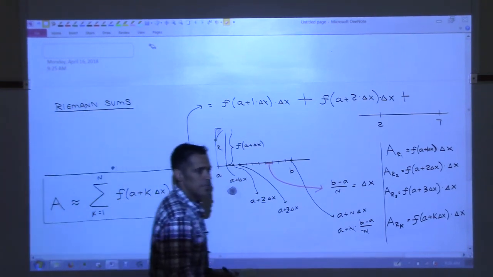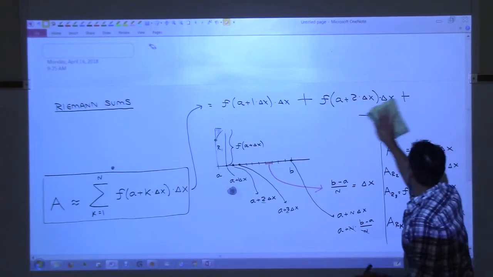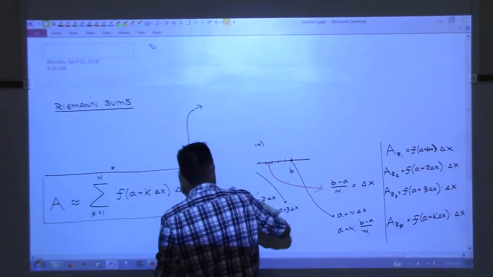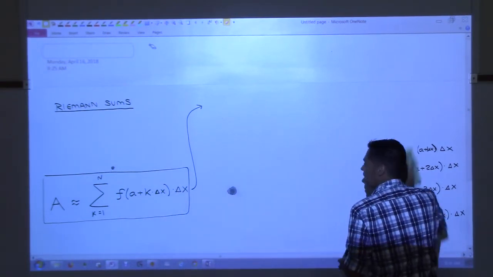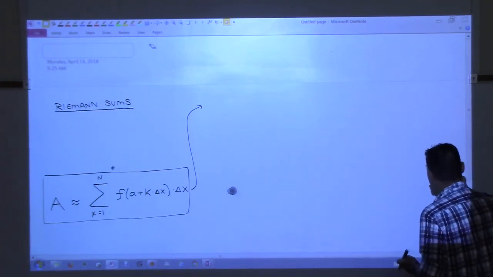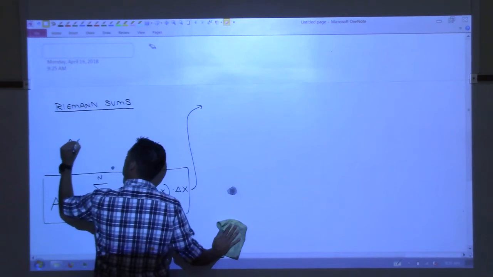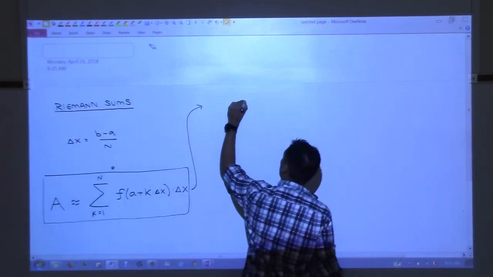And now we're going to do a specific example. You ready? Remember what delta x is. You know what? I'll put it over here so we don't forget. Remember that delta x is b minus a over n. Okay, here's an example.